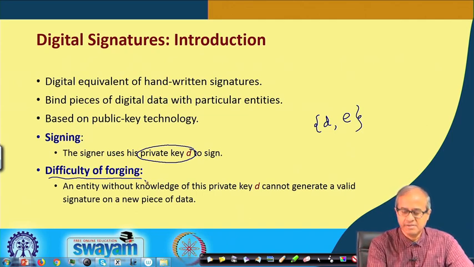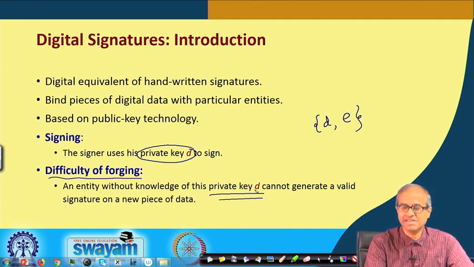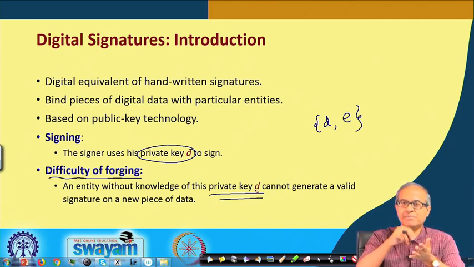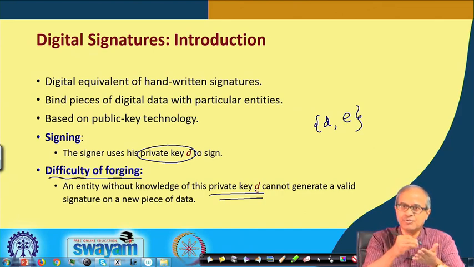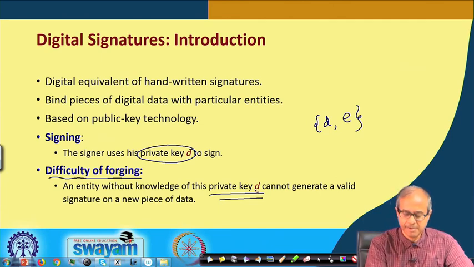So, this private key value D cannot be replicated by anyone else, and any entity without knowing D cannot generate the same valid signature. So, signature forging is not possible. You see, even with a pen and paper signature, someone can try to make a signature similar to my signature and forge, but in the digital case it is simply not possible.